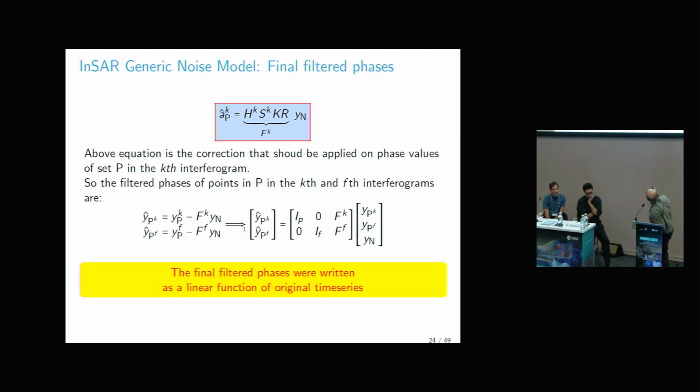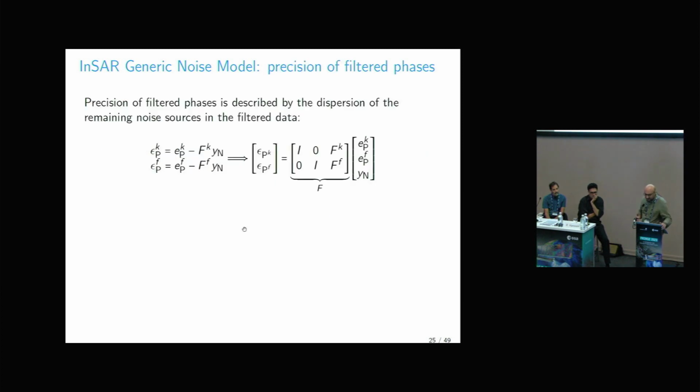That is a linear relation to the initial observations in the points N. I just want to emphasize here that the correction is over the pixels in the set P, and N is the initial points that we use for interpolation. So they can be the same, but not necessarily. So the final precision of the filtered phase that we get from this equation is the dispersion of the error, the dispersion of the remaining noise in the data.